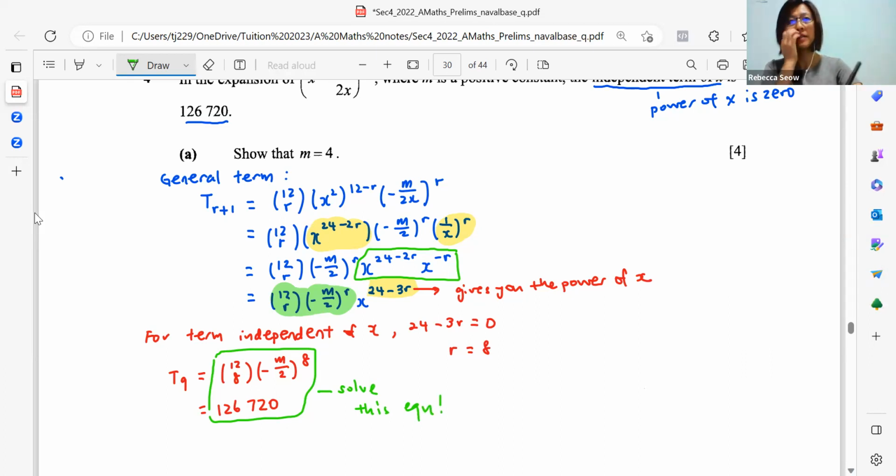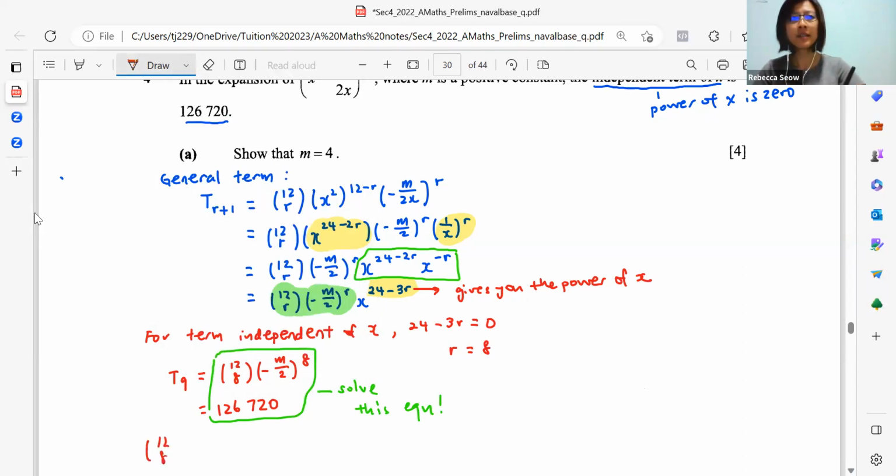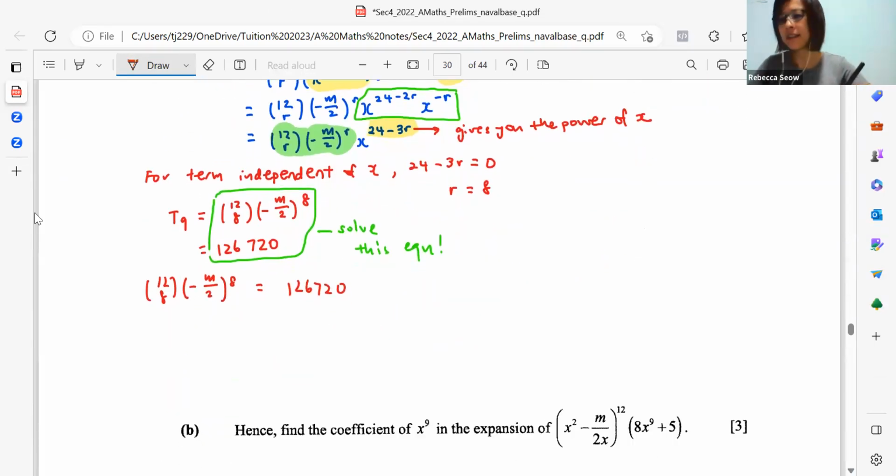So let's consider solving this equation now. 12 choose 8, times (−m/2) to the power of 8, equals 126,720. Let's work out the values. That would give us 495 multiplied by 1 over 256, times (−1/2)... that is, m to the power of 8, and that would give you 126,720.